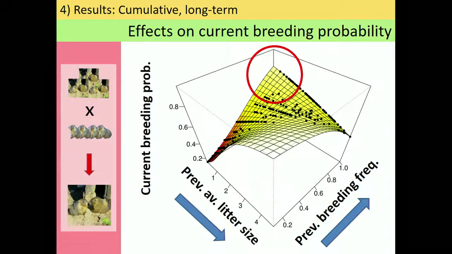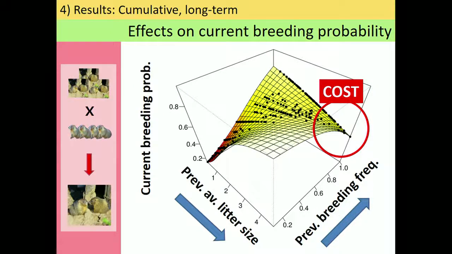But individuals which had high previous breeding frequencies but small litter sizes, on average, had quite high current breeding probabilities. But when you have high values for both frequencies and litter sizes in the past, that's when current breeding probability goes down, suggesting that there might be a cost involved if you have too much of everything.